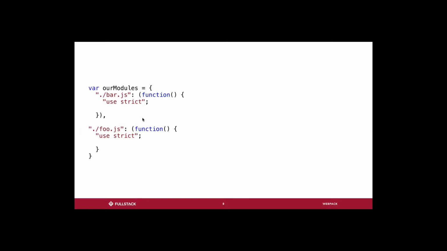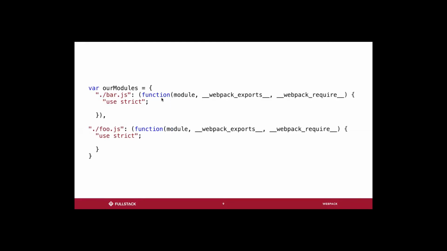And then this function receives 3 arguments: an argument called module, an argument called Webpack exports, and an argument called Webpack require. These roughly correspond to what you may be familiar with in the CommonJS format that Node uses. You've got your module, you've got your exports, and you have require.